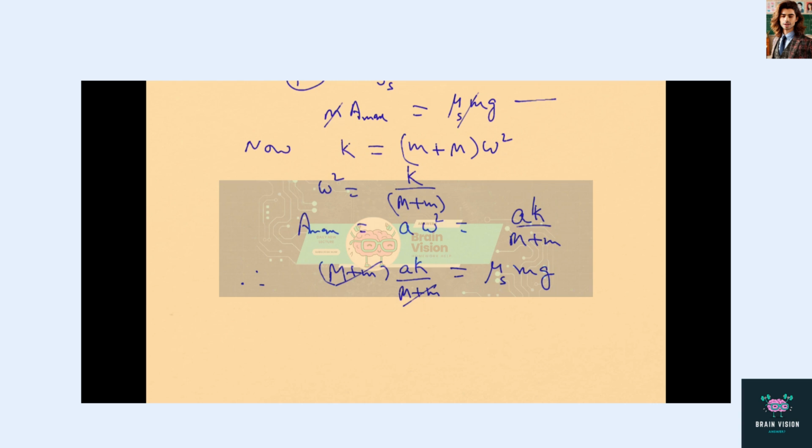Putting this value in the equation we have obtained above, A k by M plus m is equal to mu s times g. So A will be given by mu s times M plus m into g divided by k.